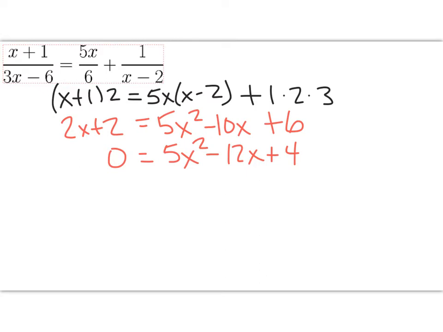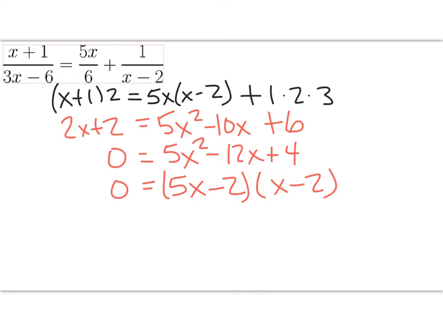And we need to factor, or we need the quadratic formula. Your choice. I'm going to factor, and I'm going to go straight to the answer here because I know you're an expert at factoring. 5x minus 2 times x minus 2, and if you want to double check that does give you back 5x squared minus 12x plus 4, you are welcome to do so.